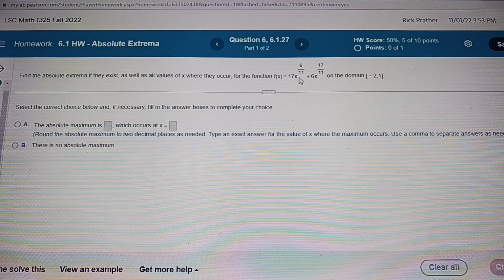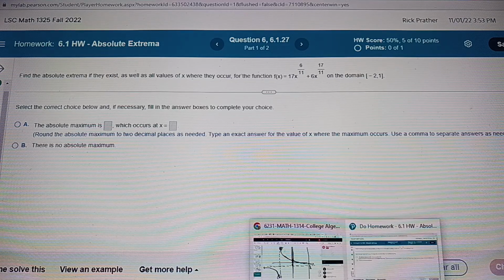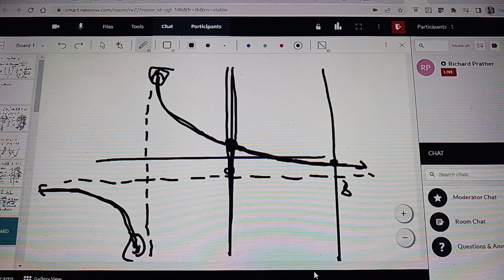Okay, what if I get fractional exponents? I still have a closed domain here on number 6, -2 to 1, so we're guaranteed to get an absolute max and an absolute min.